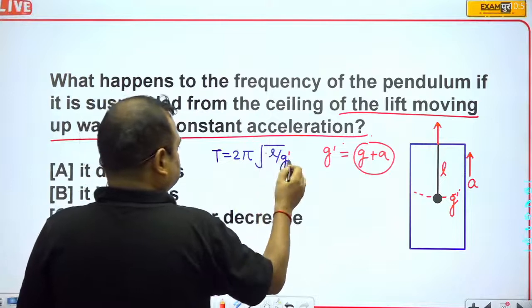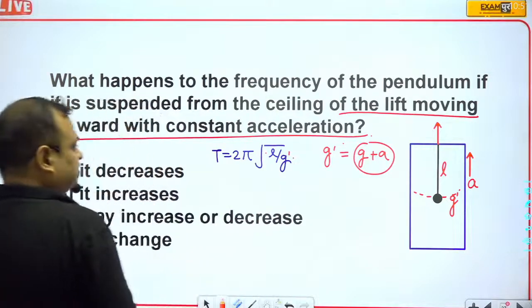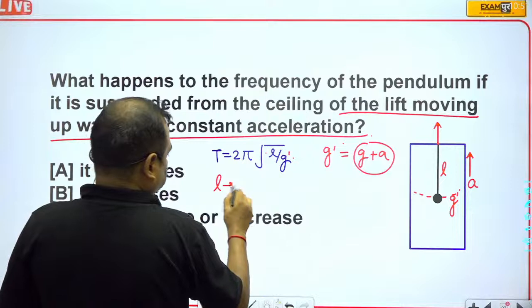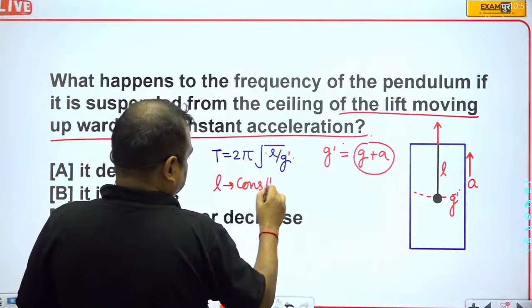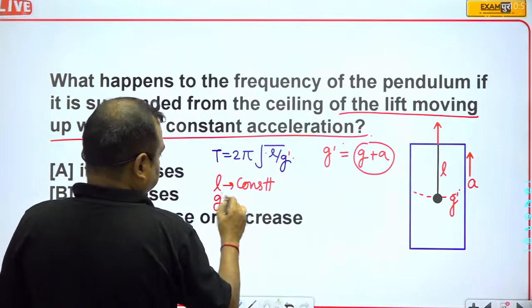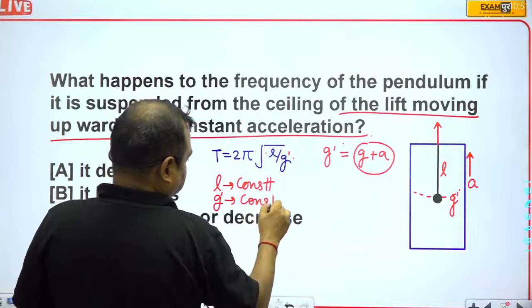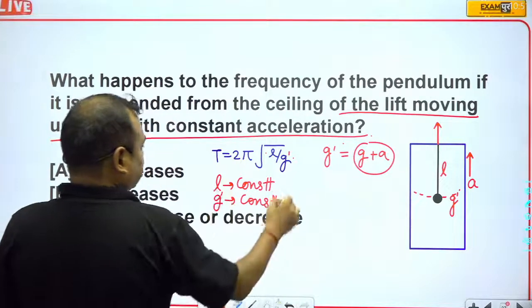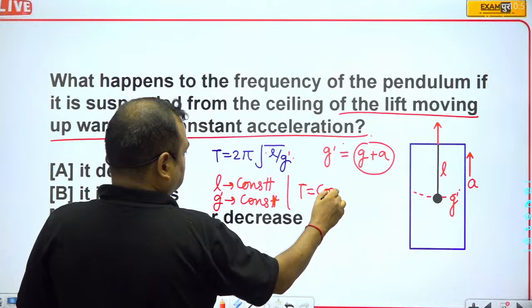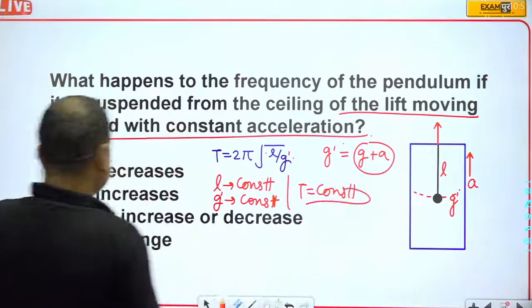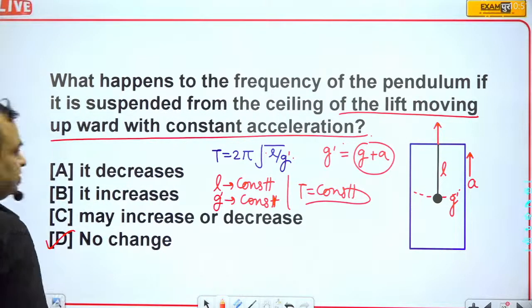If L is constant and G dash is constant, then T will also be constant. So no change, D part will be the correct answer.